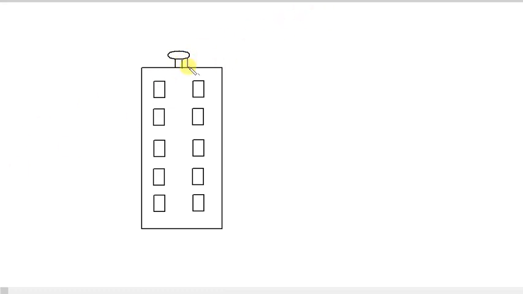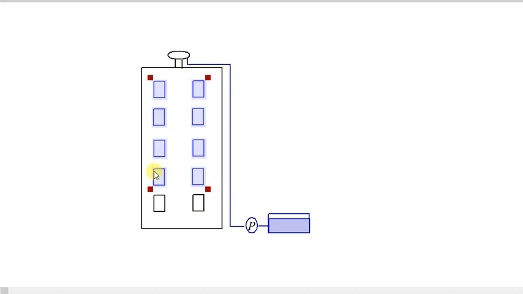So for example, this is the pipes. We are pumping water using a pumping device from the tank that is available down here, to the tank there, so that we can use the water for normal houses.